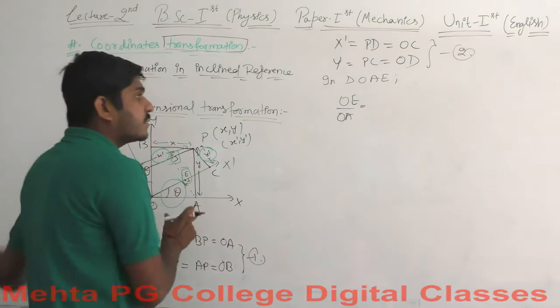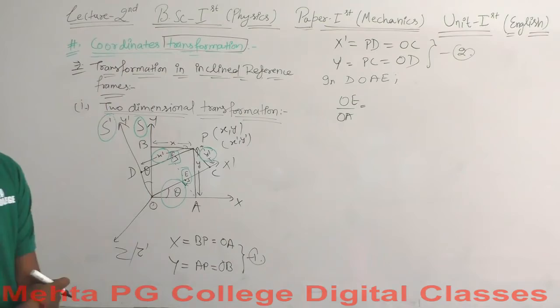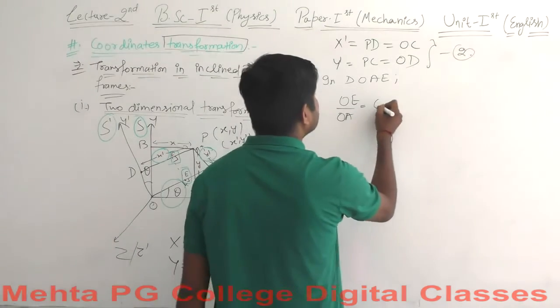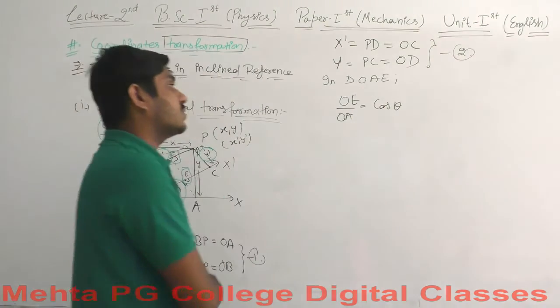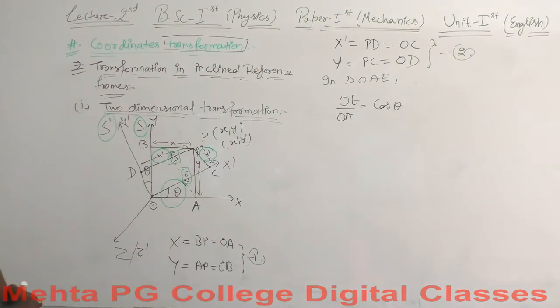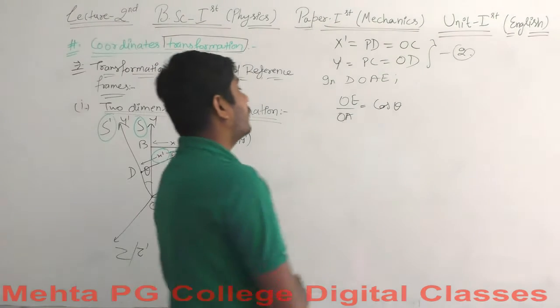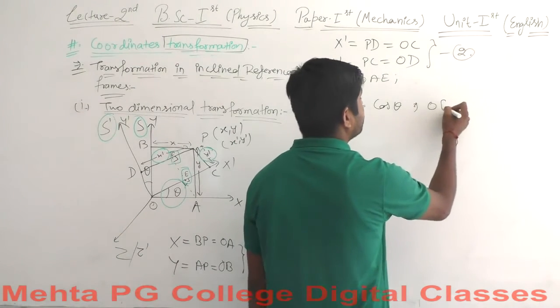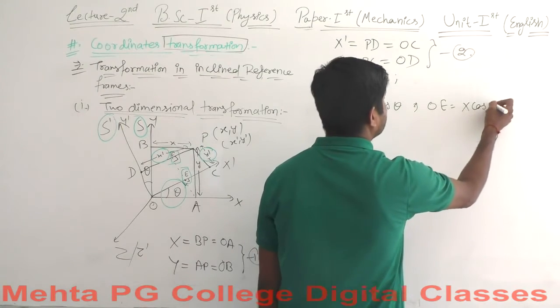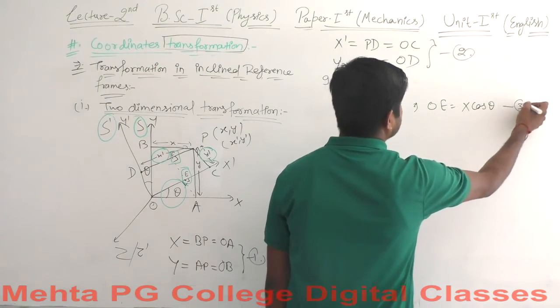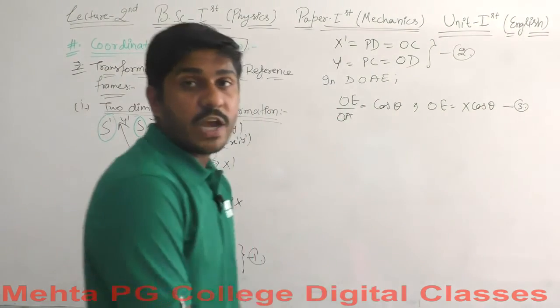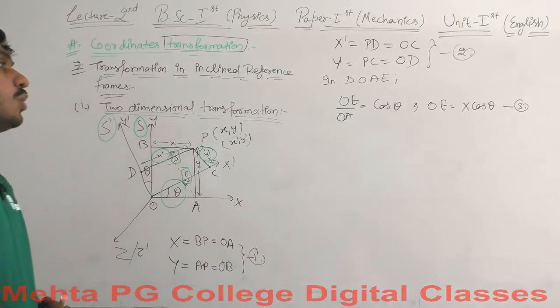So base upon hypotenuse will give you the value of cosine of theta. Okay, this is the value of OA and EA. So the value of OE will be equal to x cos of theta. This is equation 3. We have found out the value of OE.